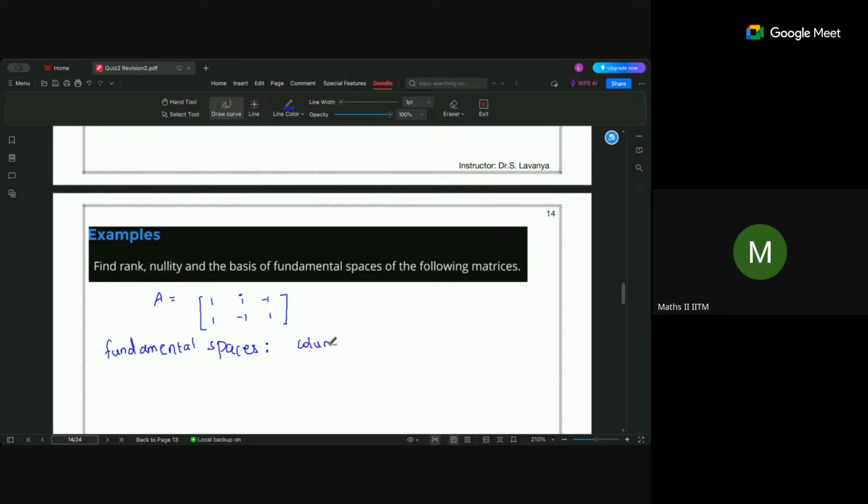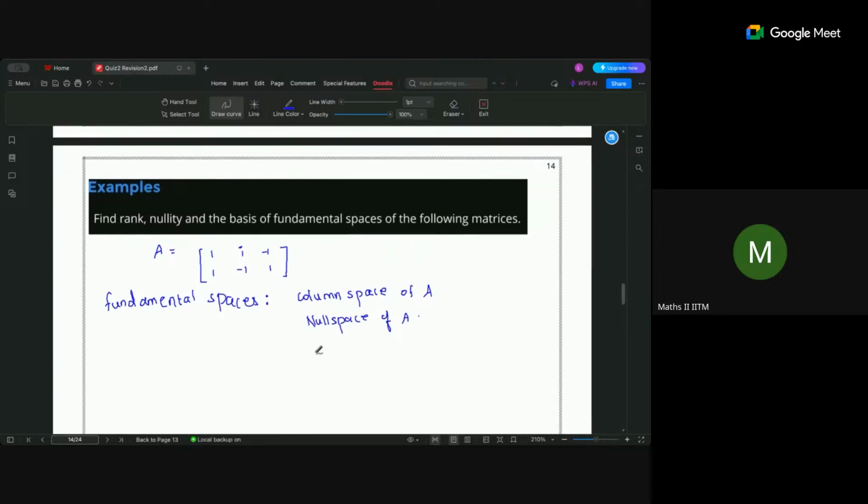First is the column space of A, and the next is the null space of A, and then you consider the null space of A^H, and then you consider the column space of A^H. Column space and null space of A, column space and null space of A^H.